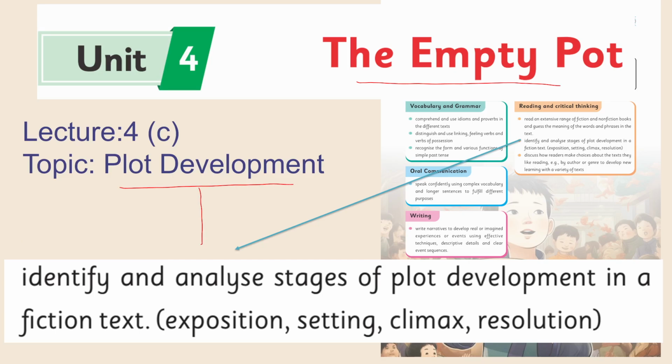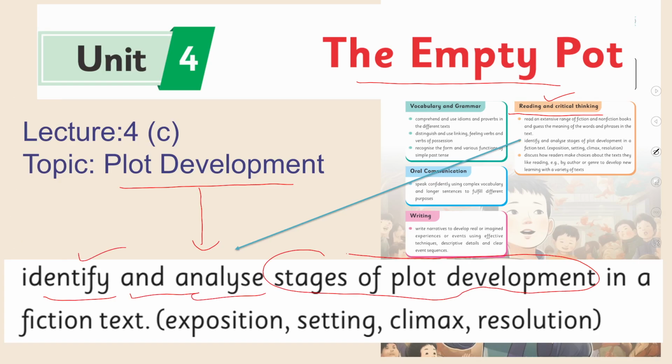This is extracted from our students' learning outcome, and this is from our competency of reading and critical thinking. It says, identify and analyze stages of plot development in a fiction text. And they are exposition, setting, climax, resolution.